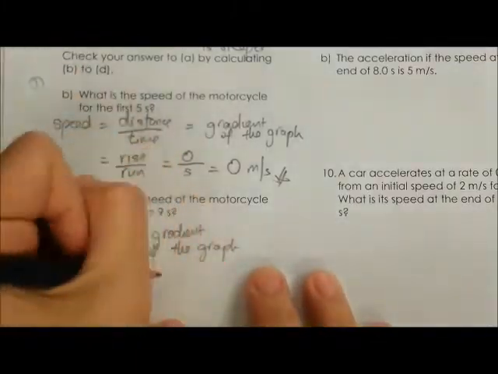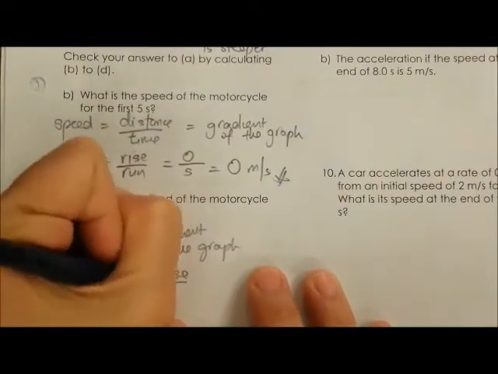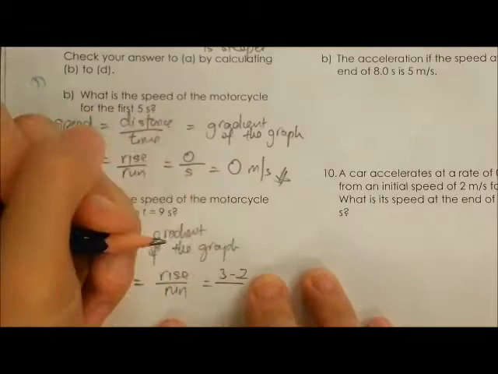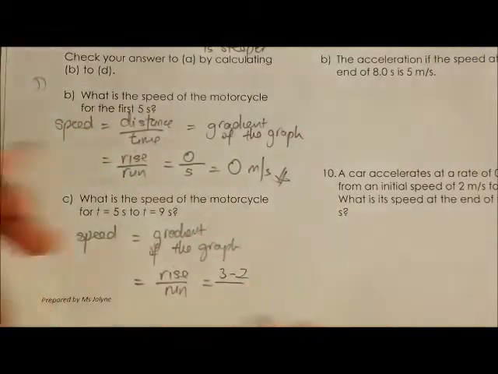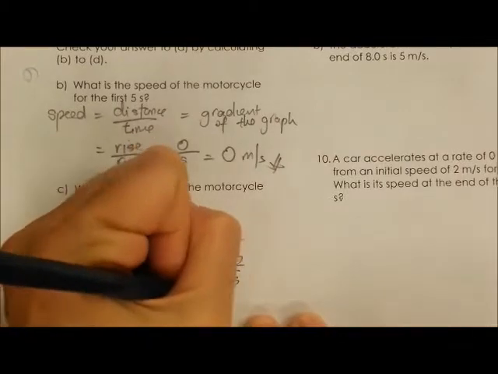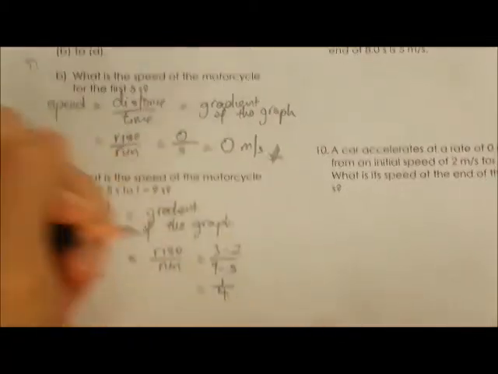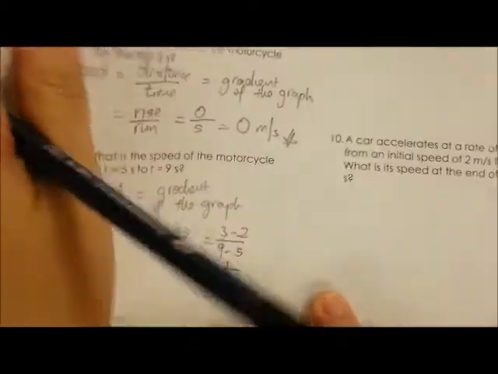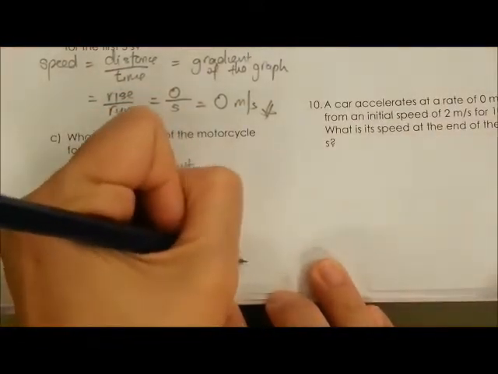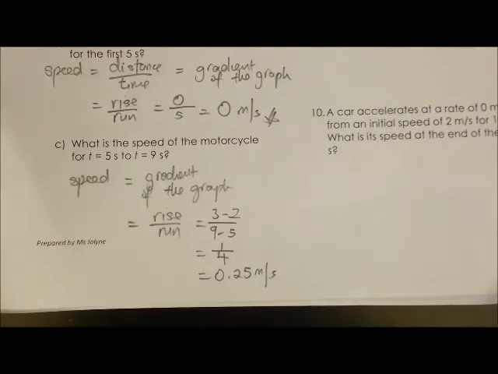So I'm going to write it here. Rise over run. The rise is 3 minus 2. The run is 9 minus 5. Answer 1 divided by 4, which is 0.25 meters per second.